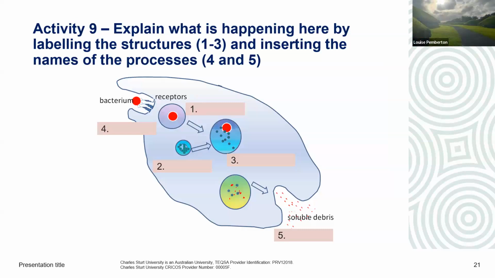We've got all these little debris bits, the pathogens being broken down, and it's being released via some mechanism. So it's taken in by endocytosis and it's being released by exocytosis. Yeah. What is number 1? Phagosome. Number 2. A lysosome, yeah. And so this one is a phagolysosome.